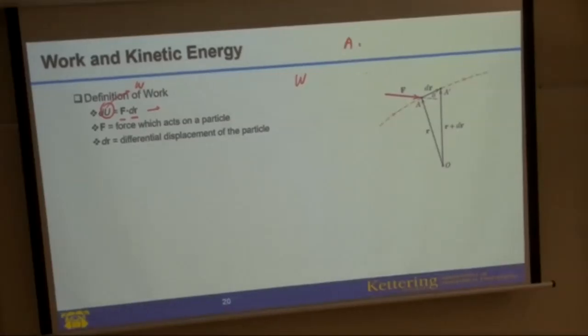For example, if I have vector A and vector B, what is the dot product of these two vectors? I think that most of you are tired.